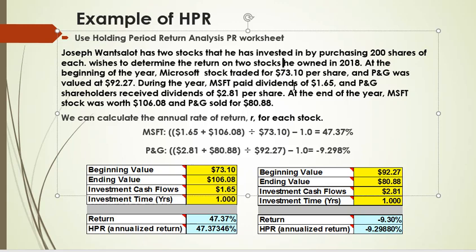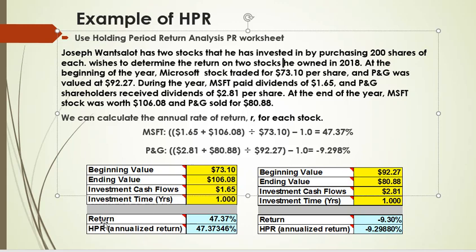During the year, Microsoft paid $1.65 in dividends. P&G shareholders received $2.81. We then have ending prices: 106.08 for Microsoft and 80.88 for P&G. So when we plug these into the mathematical formulas, you get 47% the return on Microsoft, and P&G was a negative 9%.